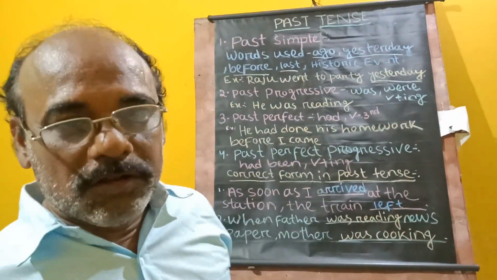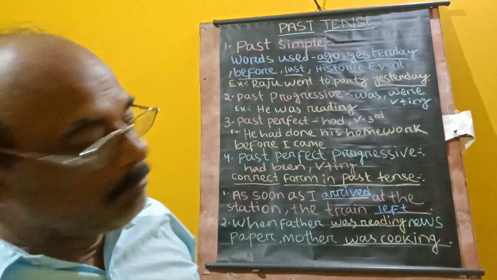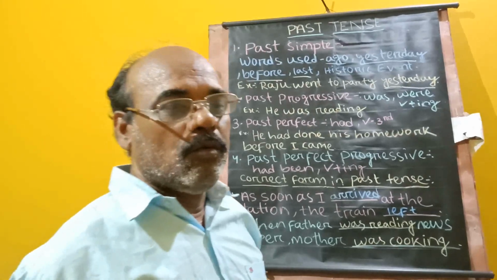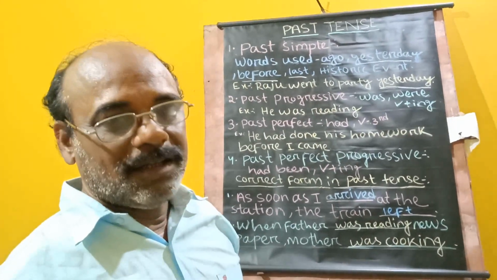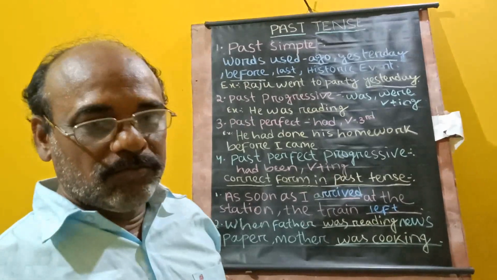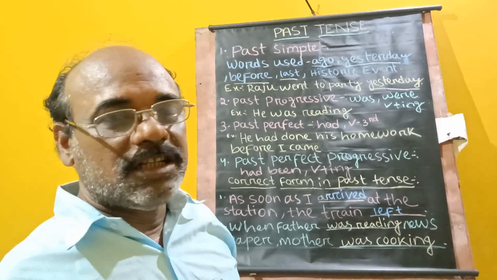Next we will go to past progressive. Its auxiliary verb is was and were. Then we will add ing to the verb.